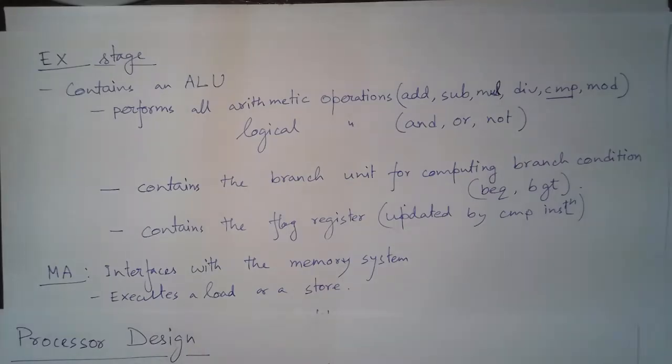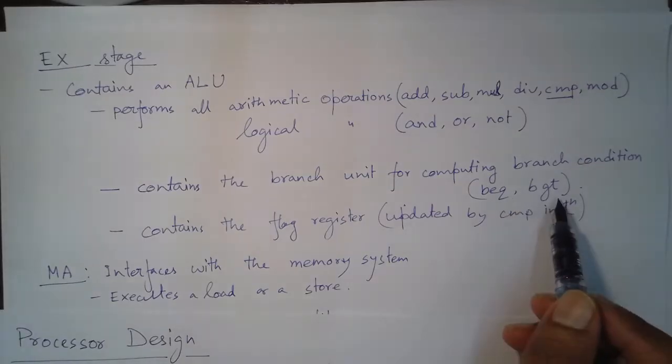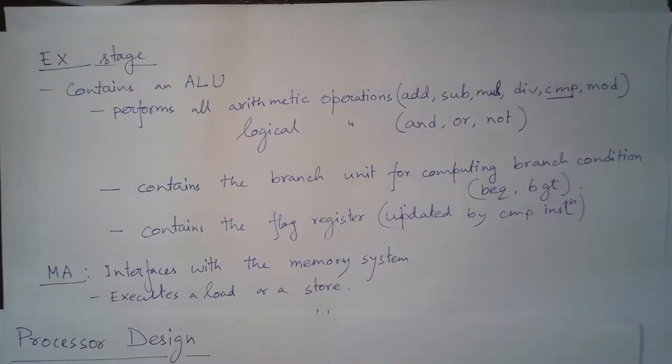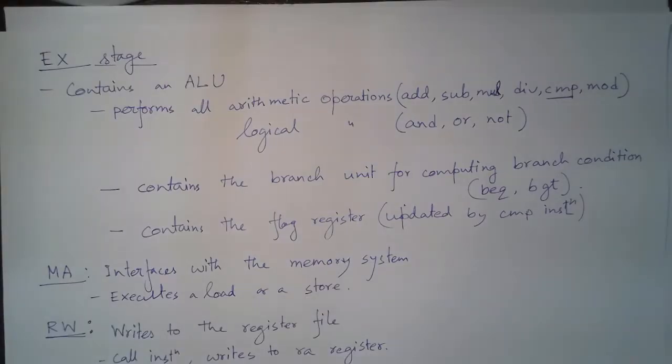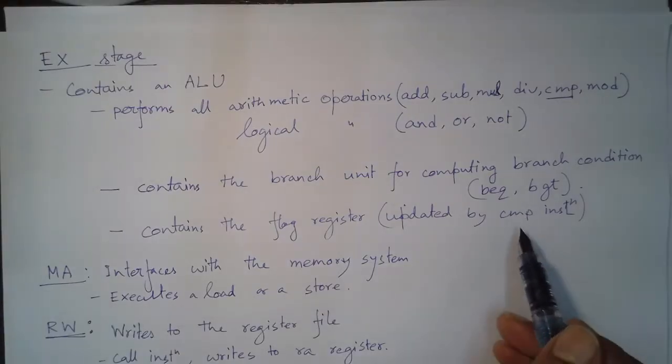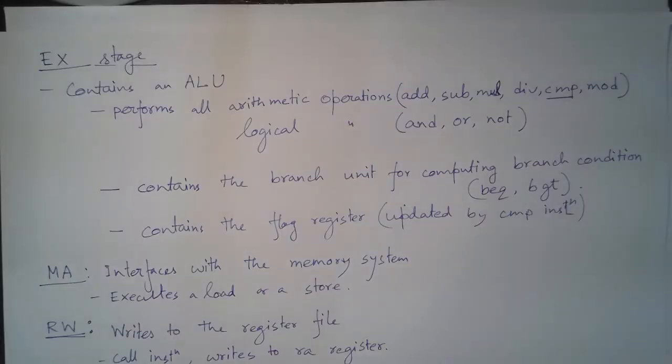It also contains a unit in the ALU which computes the branch condition. It checks the flag status and accordingly gives an outcome whether the branch is taken or not taken. Branch if equal, branch greater than, all these conditions are checked here. It also updates the flag register depending on the outcome of the compare instruction.